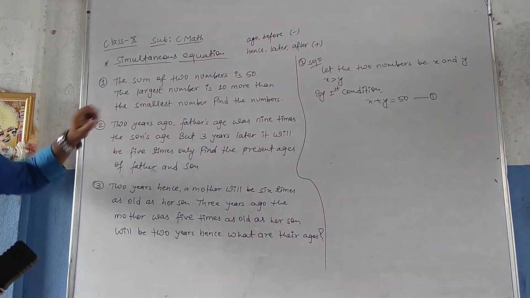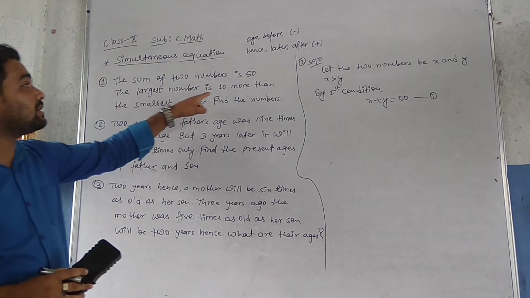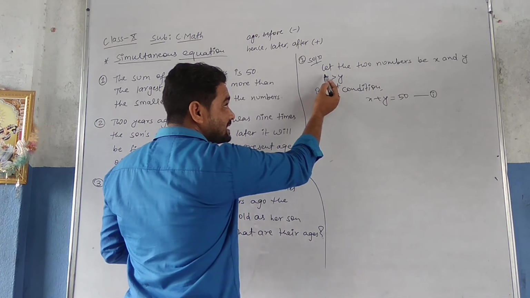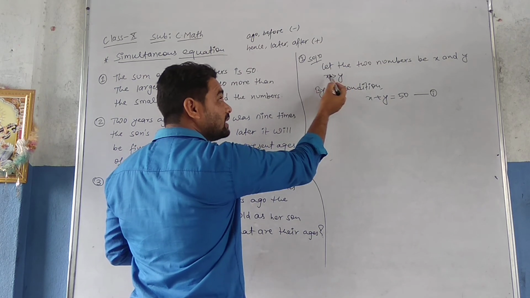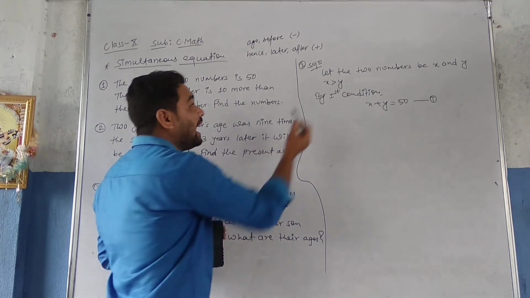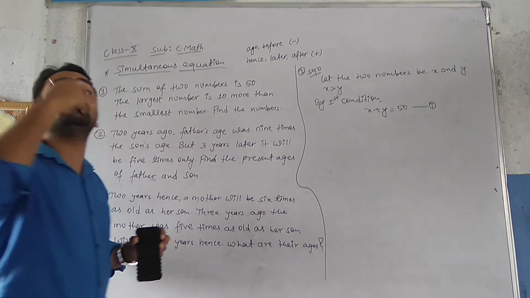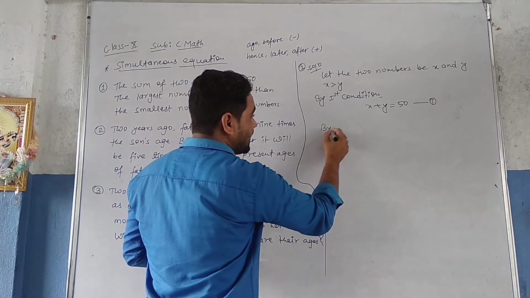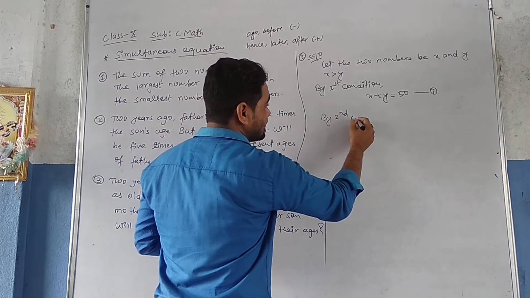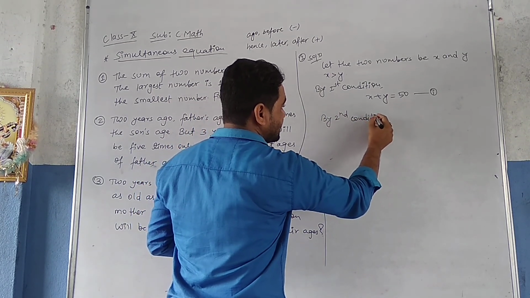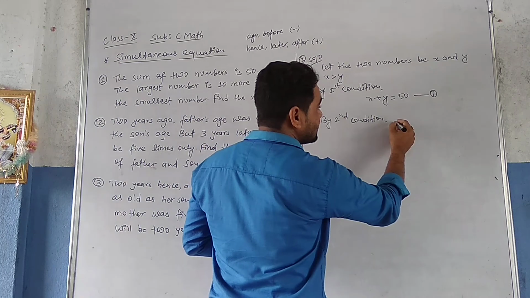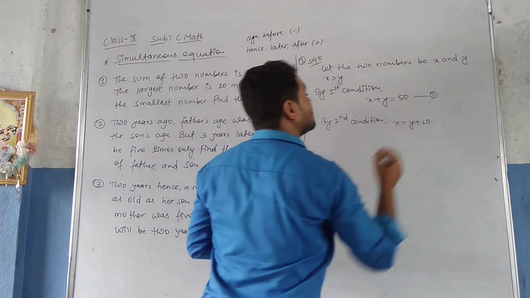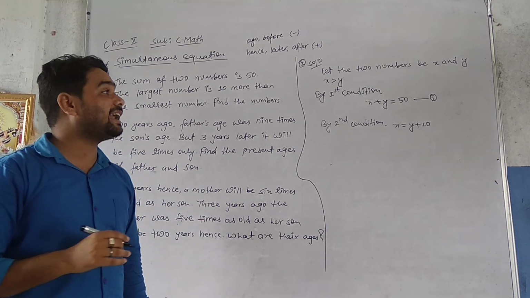Similarly, for the second one, it is given that the largest number is 10 more than the smallest number, and x is the largest, x is greater than y. That means x is the largest number, and this x is 10 more than y. Then by the second condition, x is greater than the smallest y, and we can write like that.